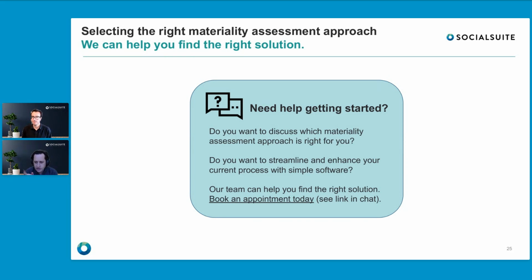This is a really great question from Sundus, quite relevant in today's world of sustainability regulations. Sundus asked, if I conduct a double materiality assessment, would I be able to cover both IFRS S1 and GRI requirements?